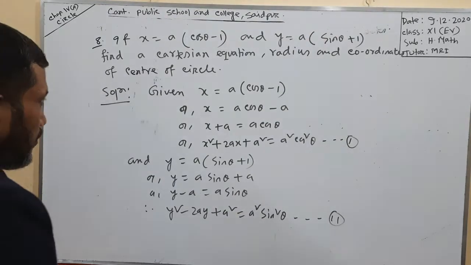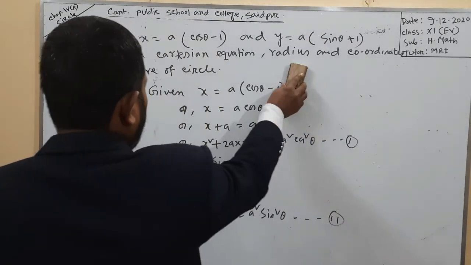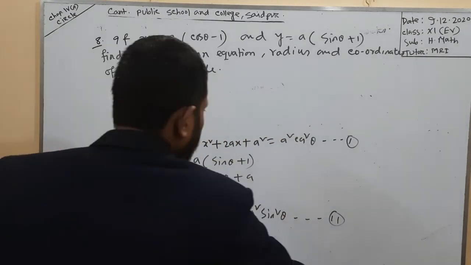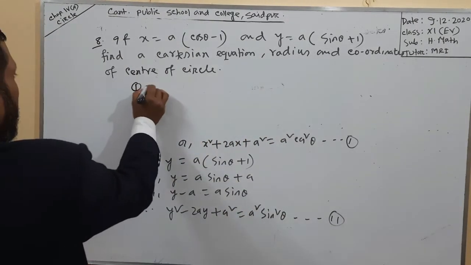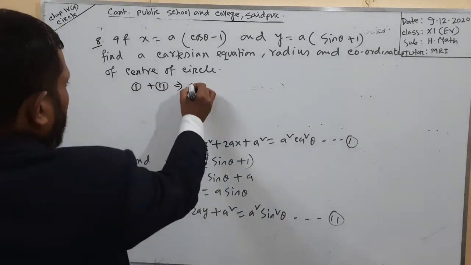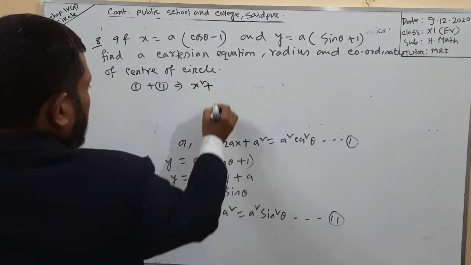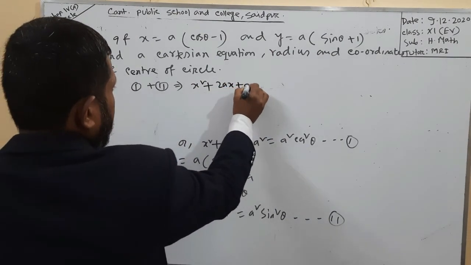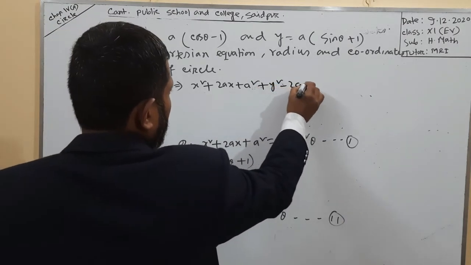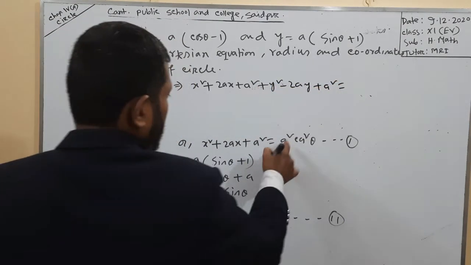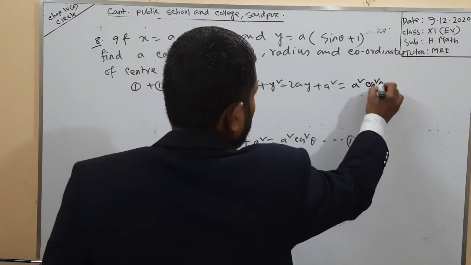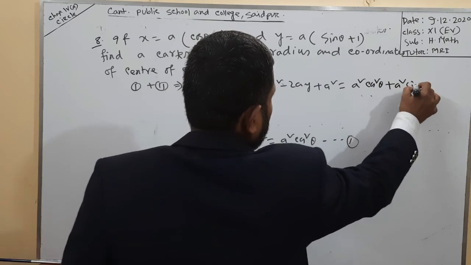Adding 1 and 2, we get x square plus twice ax plus a square plus y square minus 2ay plus a square equals a square cos square theta plus a square sin square theta.